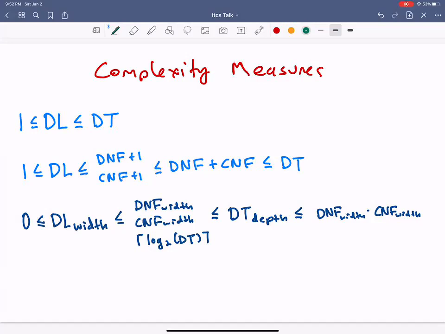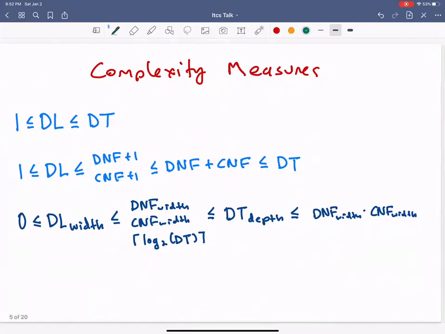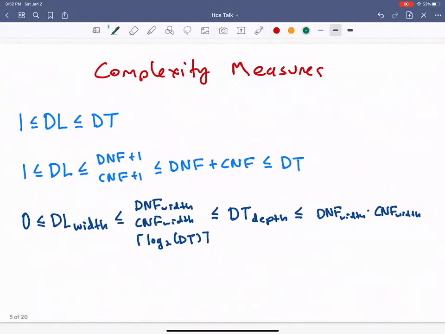In particular, every decision tree can be converted to a decision list with the same size. DNFs and CNFs are also special cases of decision lists, and you could think of this as a version of depth 2 unbounded fan-in formulas in some sense.